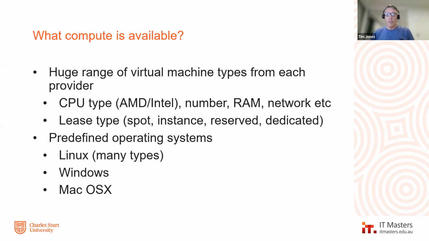It makes it pretty straightforward for us to access the applications, the application type, etc. The Windows, if we're running Windows applications or we're migrating virtual machines to the cloud, we can run Windows in there. And we've also got Mac OS X, which is available. So this is particularly useful for people that are doing things like testing applications. You want to be able to test across not only the server types that you're using, but you want to be able to test the clients as well.